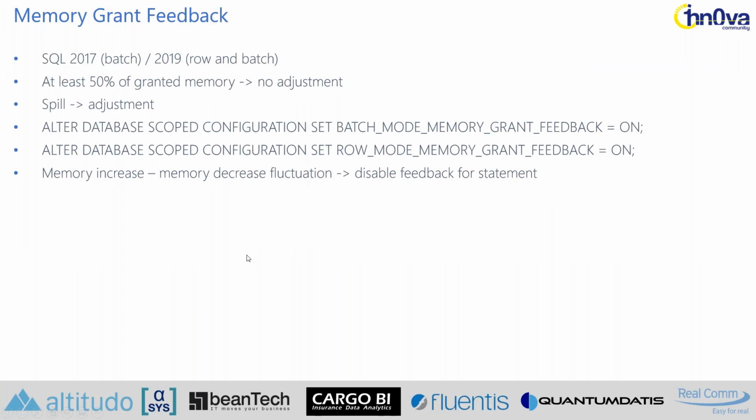Let's go further to memory grant feedback. In SQL Server 2017, as I already said, this works only in batch mode, and in 2019 it works in row and batch mode.